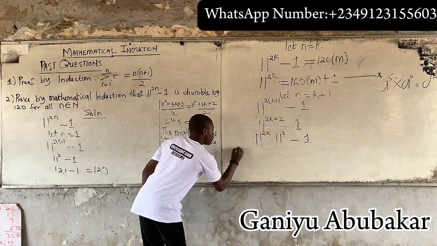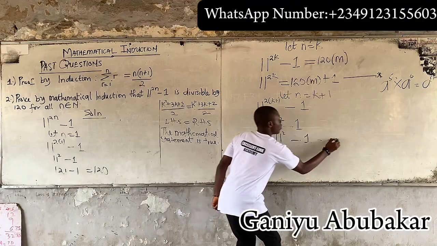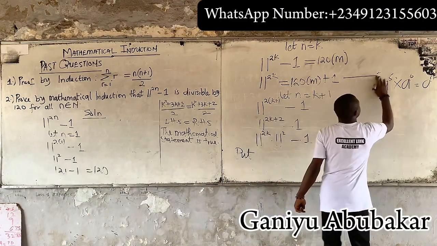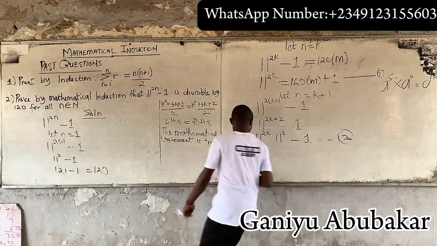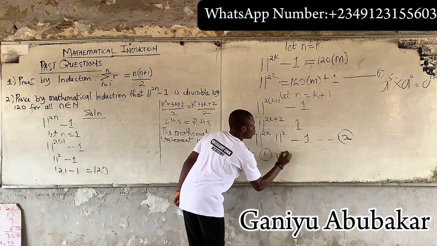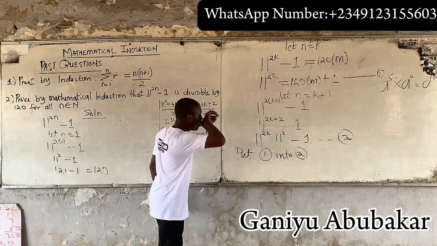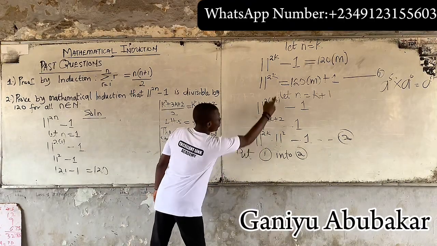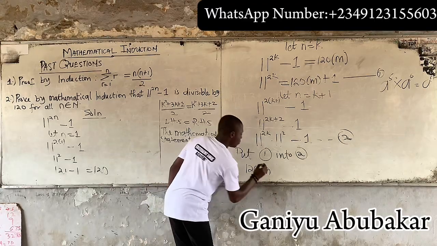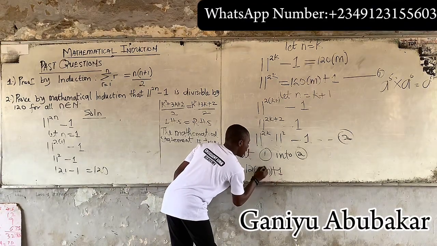So let me call this one 2, and let me call that one 1. So put equation 1 into 2. Are we there? So I'll have, what's this one there? That's 120m plus 1.